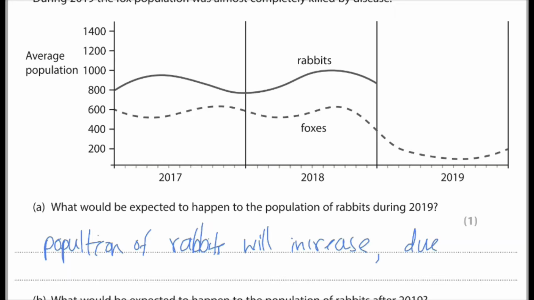Whenever we write the exact answer, if another reason is behind it, better. For this question you don't need to write that, but sometimes this can be a 2-mark question where they are referring to the reason also. So I will write it because of that. Due to reduction of predators.